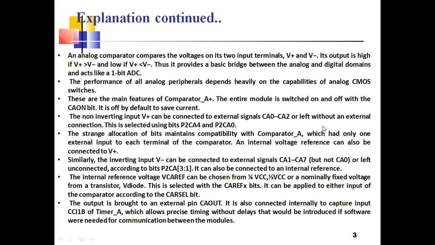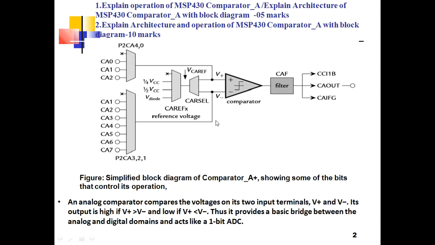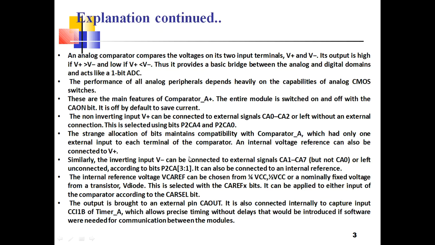Or it can be left without an external connection; this is selected using the bits P2CA4 and P2CA0. The strange allocation of bits maintains compatibility with comparator A, which had only one external input to each terminal of the comparator.